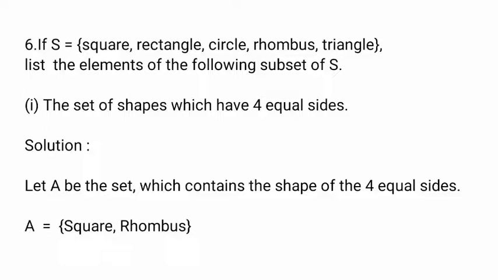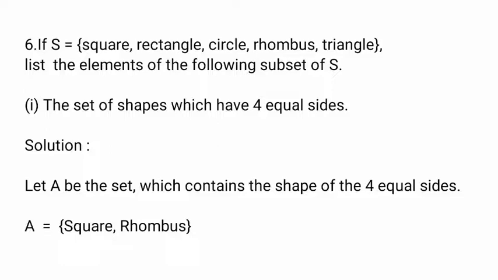Sixth one: if S equals the set {square, rectangle, circle, rhombus, triangle}, list the elements of the following subsets of S. First one: the set of shapes which have 4 equal sides.